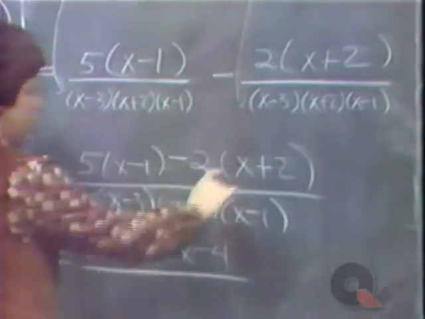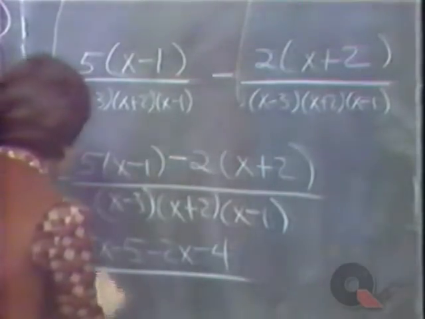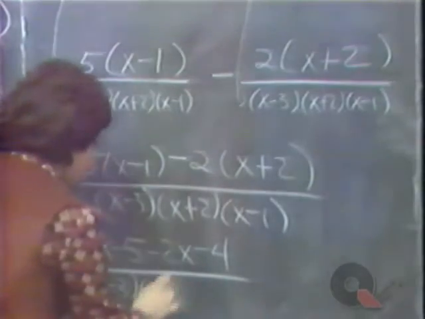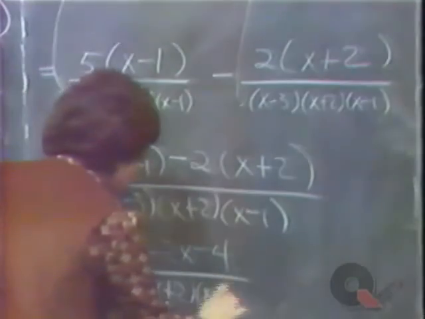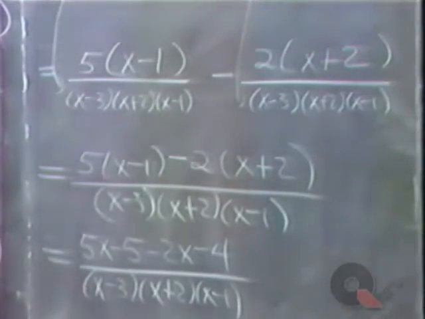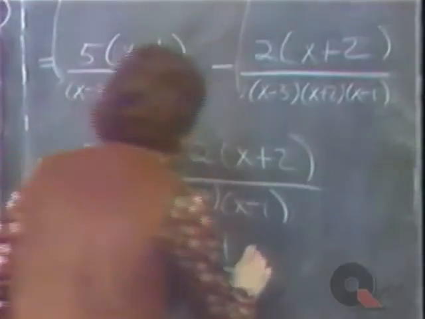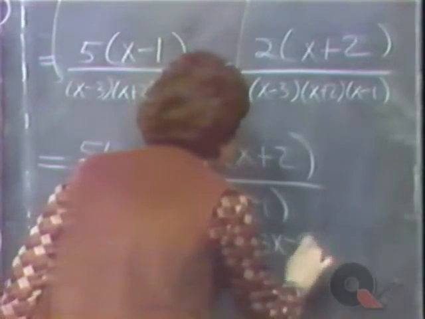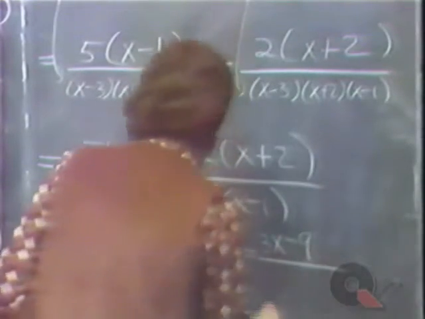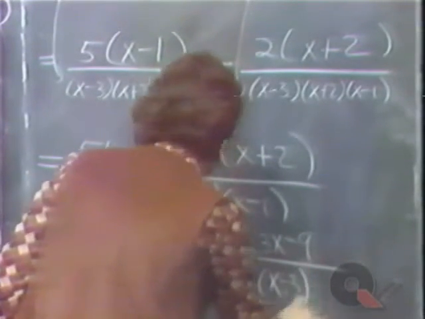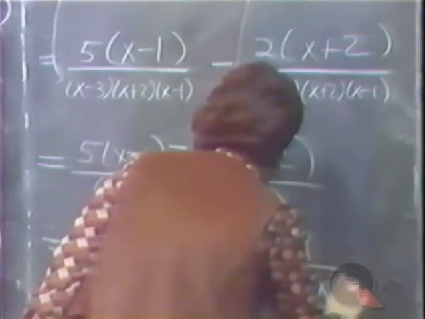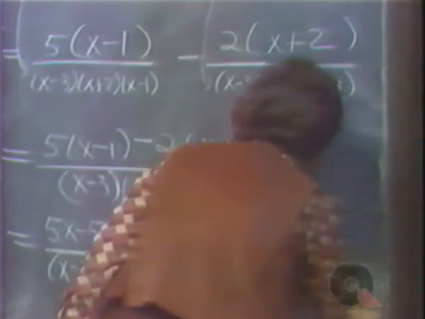Here we distributed a 5, here we distributed a minus 2, over x minus 3, x plus 2, x minus 1. On top we have 3x minus 9. On the bottom, x minus 3, x plus 2, x minus 1.